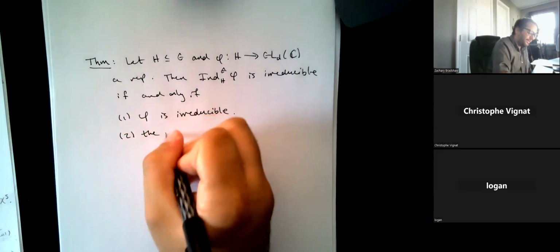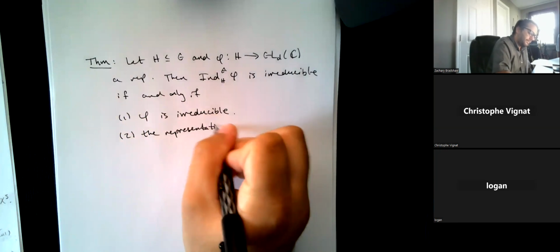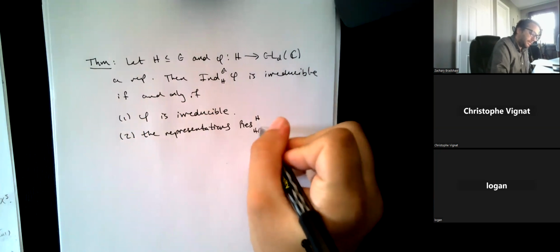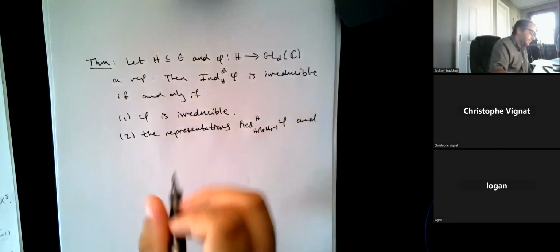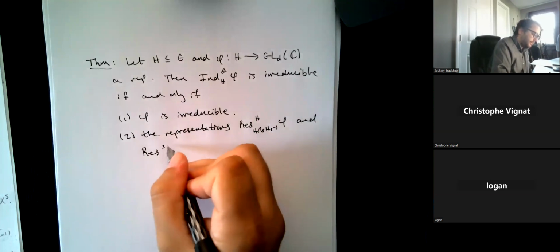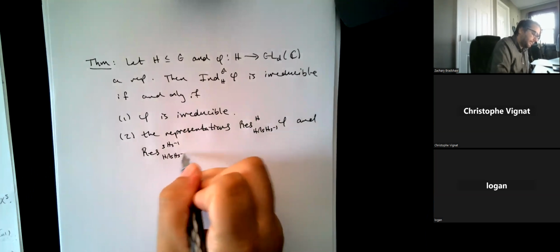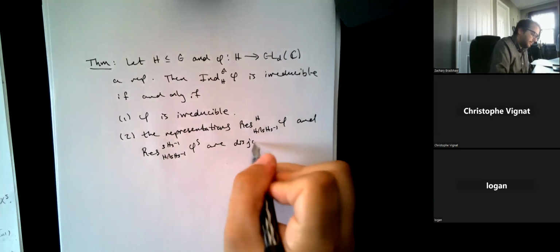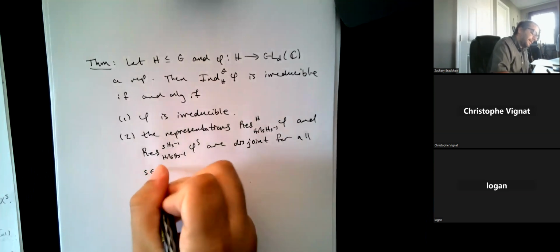And the representations restriction to H intersect S inverse H S of phi, and the restricted map from S inverse H S to H intersect S inverse H S of phi_S are disjoint, for all S that are not in H.